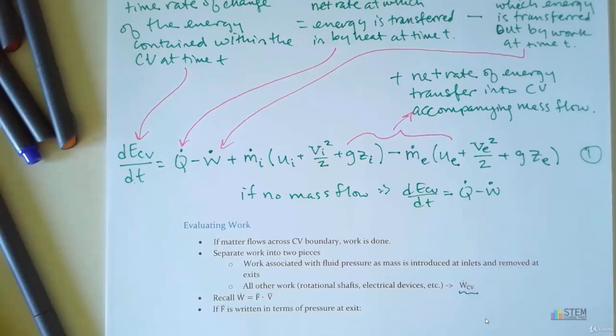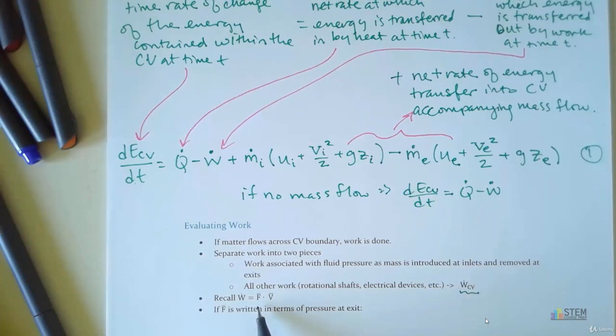So we've either got work associated with fluid pressure from our mass being introduced and removed, or we have everything else. So those are the two parts. Now remember, W dot is the dot product of force with the velocity vector.